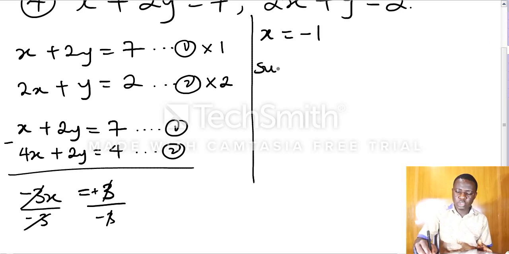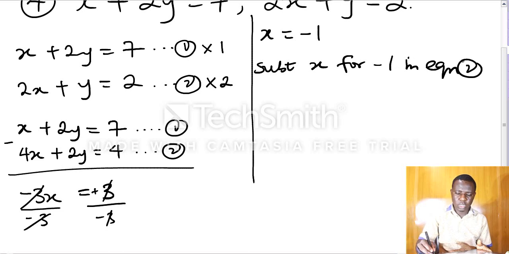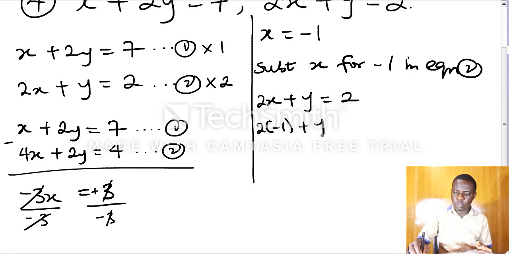So we are going to substitute x for minus 1 in equation 2. And equation 2 says 2x plus y is equal to 2. So substituting for x, we have 2 times minus 1 plus y is equal to 2.